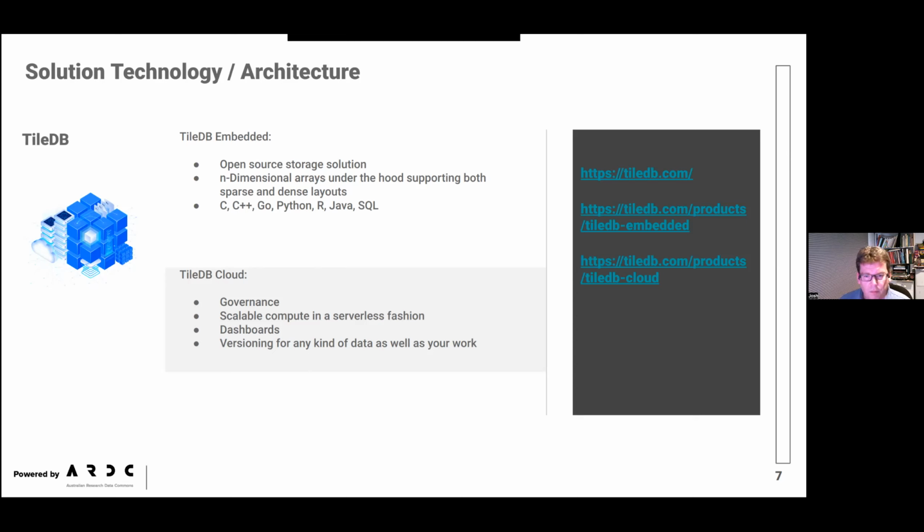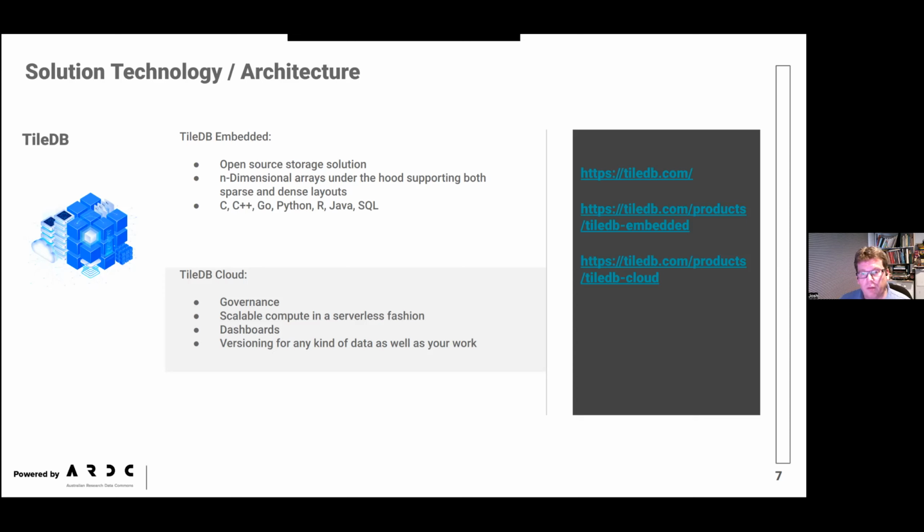But the interfaces that TileDB Cloud also provides is an interface into different versions of your data, such as arrays, Jupyter notebooks, machine learning models. Governments love record keeping, and GA internally uses TRIM, the Total Records Information Management, as a tool.